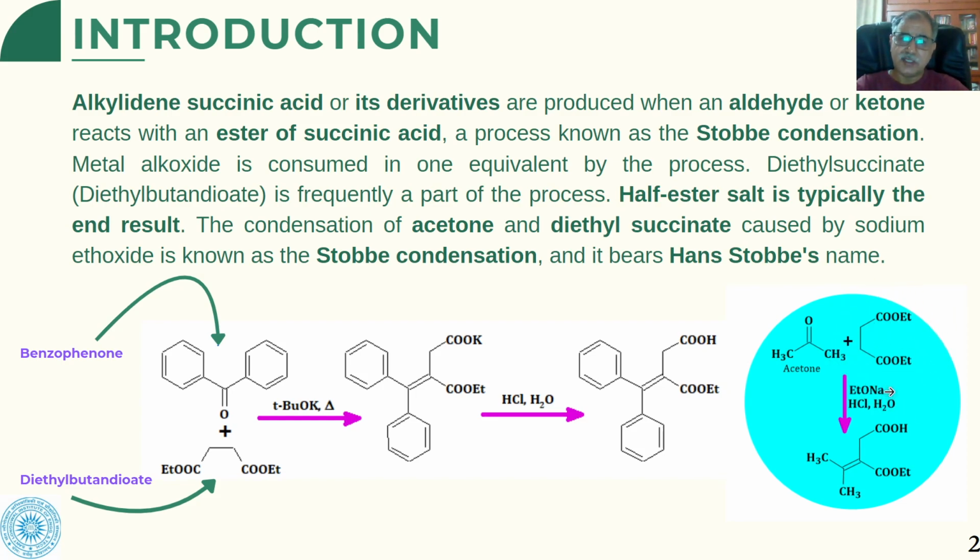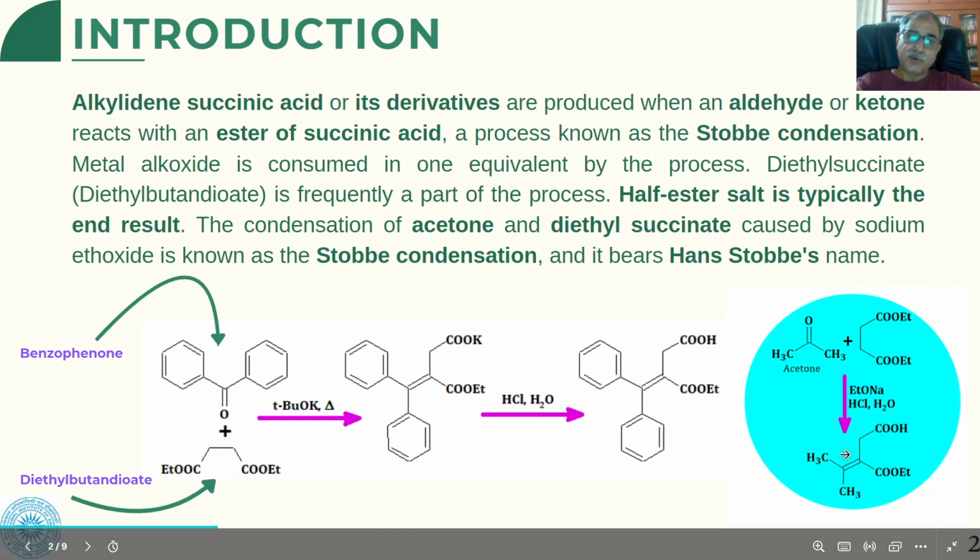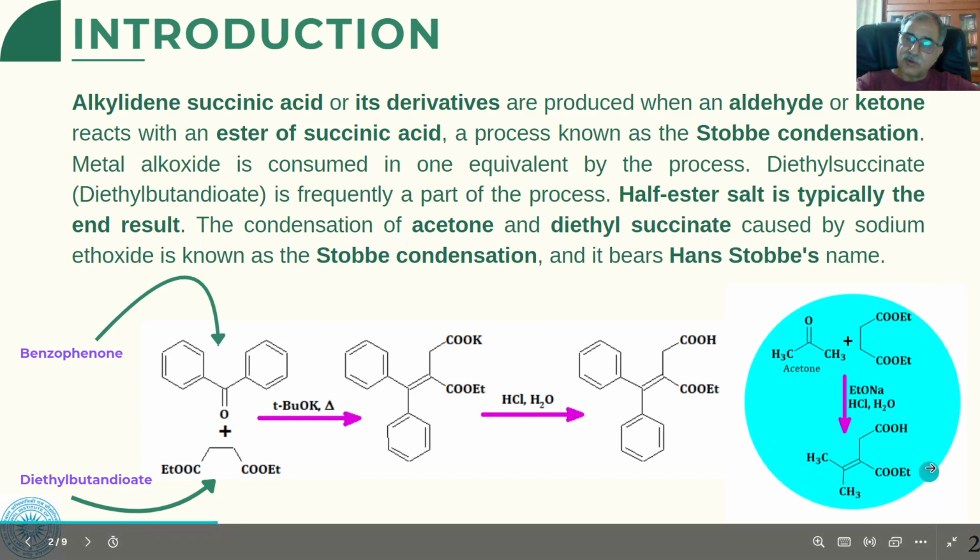When diethyl butanedioate was reacted in the presence of sodium methoxide as a strong base, followed by hydrolysis with HCl, then the corresponding alkylidene succinic acid ester was formed as the product, and this was called Stobbe's product or Stobbe condensation product.